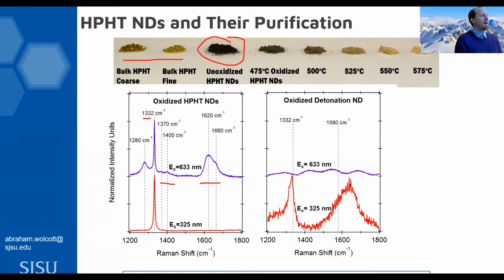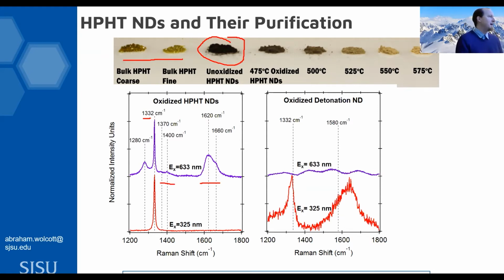The reason for that is that the sp2, sp3 Raman cross-section for scattering is 1-to-1 at 325 nanometers, but the sp2 is about 50 times more sensitive at the visible wavelength. And we always were of the opinion that these additional modes were actually caused by Pandey chains, reconstruction of the diamond surface into sp2-like chains.